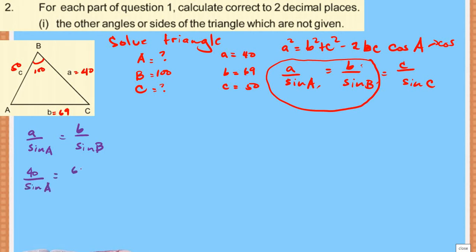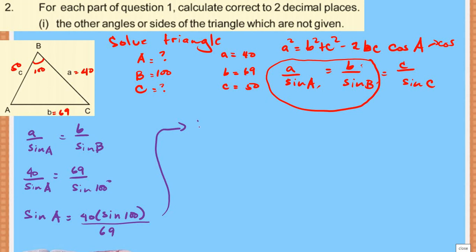B is given by 69. And the angle B is sine 100 degrees. Now, we manipulate this formula. You can now have sine A is equal to 40 times sine 100 over 69, giving us sine A.